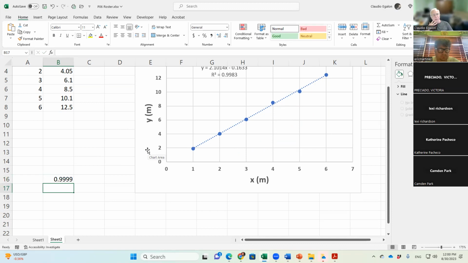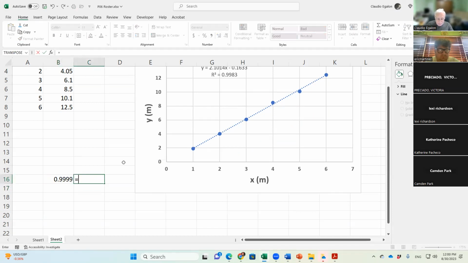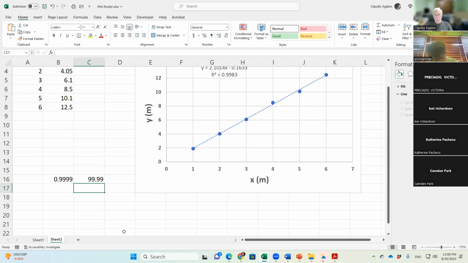If you want to know in terms of percentage, all you have to do is multiply by 100 and you get 99.99%. In my labs, you will need to provide those types of values not in percentage, but as a fraction.